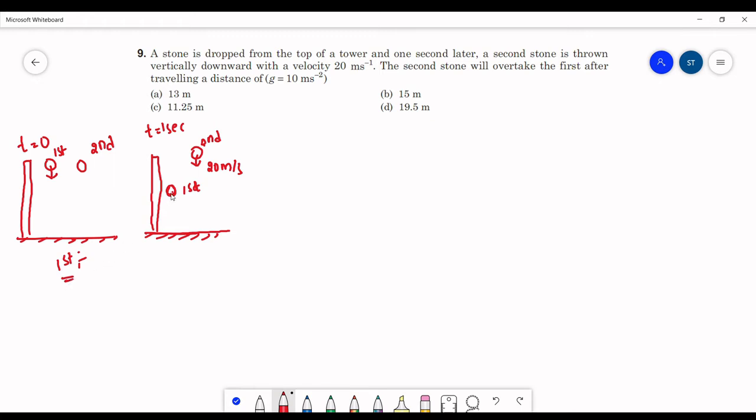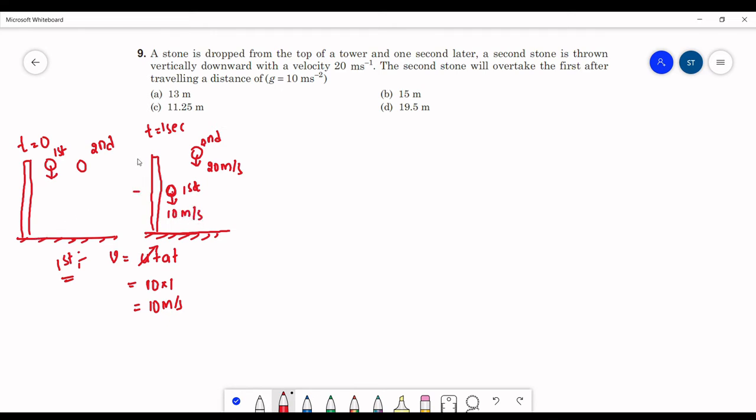To find the velocity of the first ball at t is equal to 1 second, use the simple equation v is equals to u plus at. It is dropped, so its initial velocity will be 0. So velocity at t is equal to 1 second will be acceleration due to gravity into 1, which will be 10 meters per second.